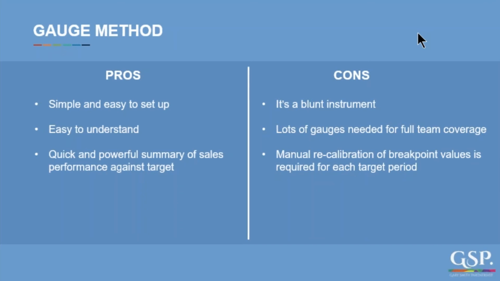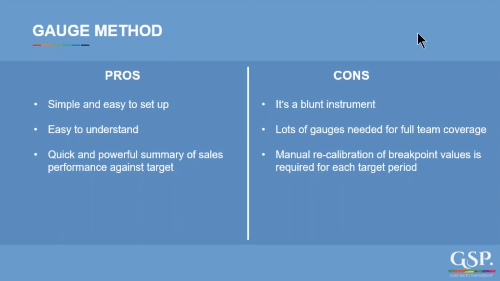And the other downside is that if you want a separate gauge, a separate graphic for each individual salesperson, or indeed if you've got a lot of different teams, you are going to end up with a lot of gauges. So you'd have a gauge at the company level, a gauge at the team level, and a gauge for each individual person. So you can very quickly get kind of swamped. But for many businesses, it's going to work.